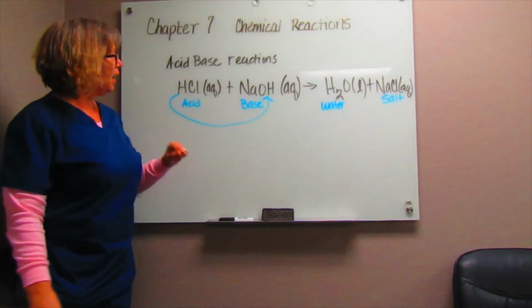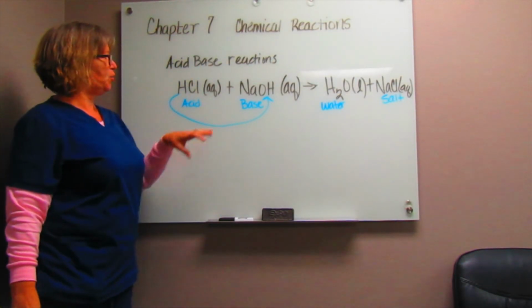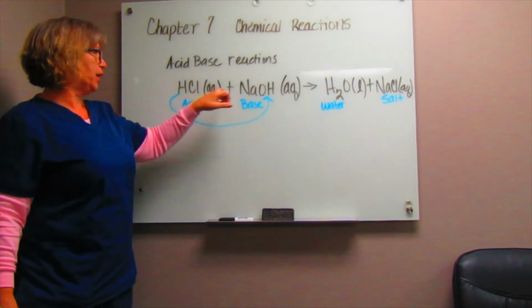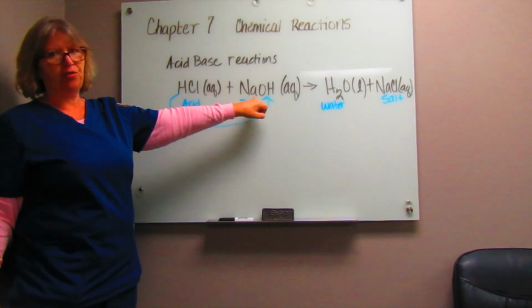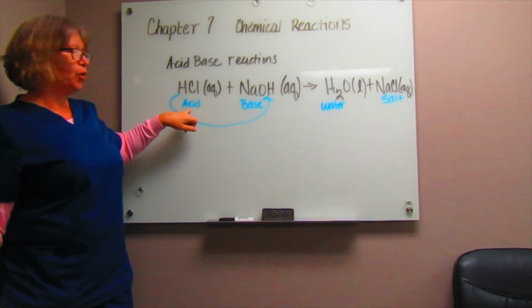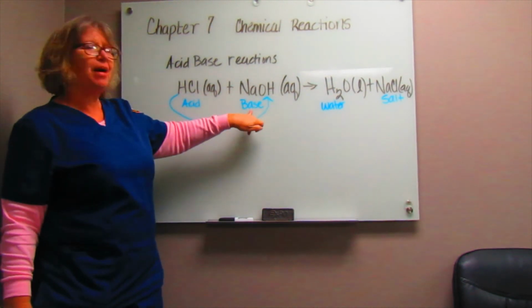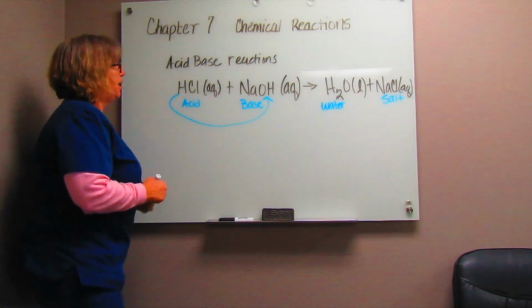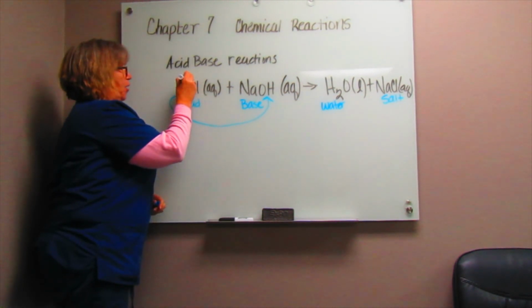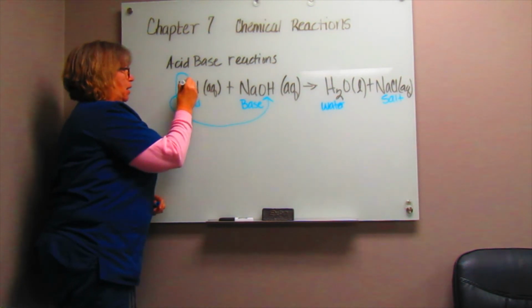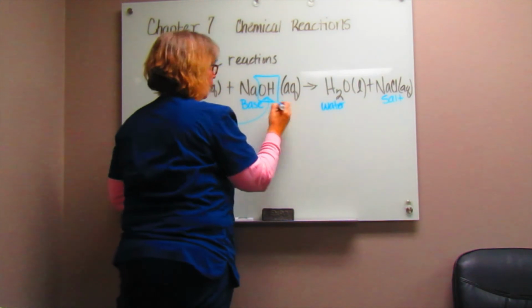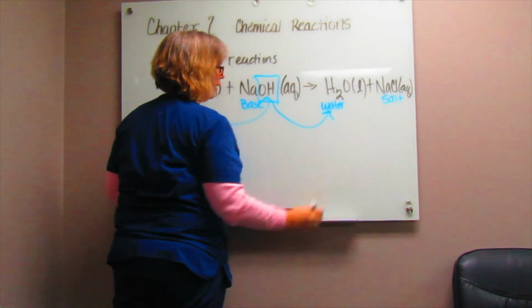Okay, so in acid-base reactions, and we'll take this one for example, this is a combination of hydrochloric acid and sodium hydroxide. So our hydrochloric acid is our acid, our sodium hydroxide is our base. And so what happens is this hydrogen from our hydrochloric acid combines with our hydroxide to form water, right?